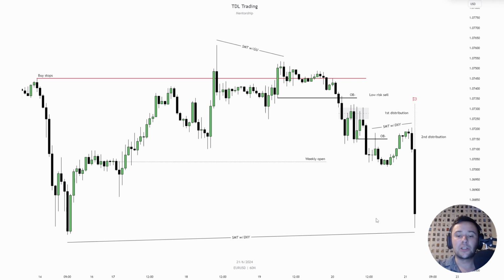And I personally did not want to take risk for price trading higher, hence why I decided to take full profit, because weekly objectives are met and then we can anticipate Friday to trade back into the range. Hence why I took full profit on my position.